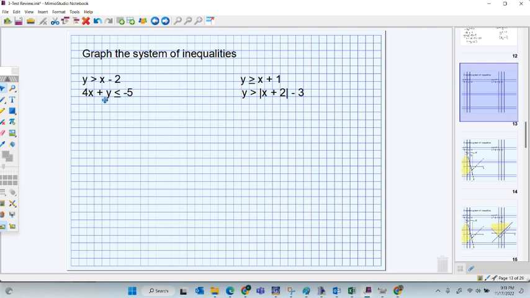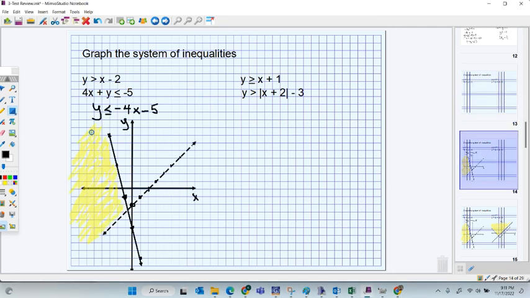This one you'd solve for y first, move over the 4x. So when you move over the 4x, you're starting this one at negative 5, and then down 4, right 1. But you need to go up this way too, so up 4, left 1 is the same thing.